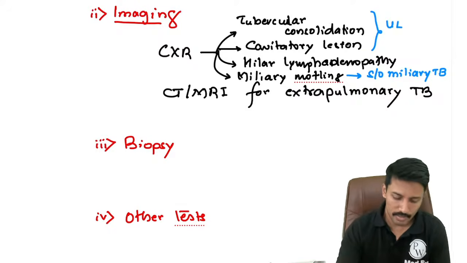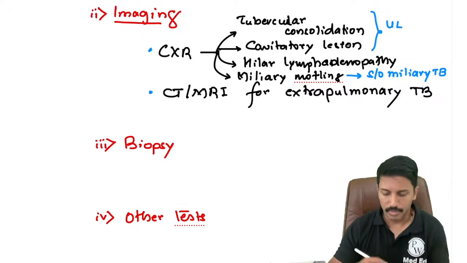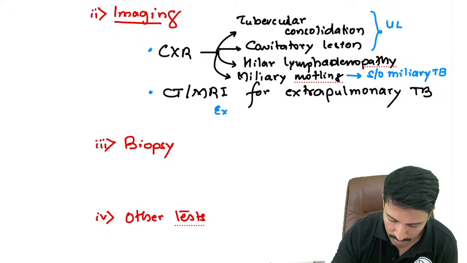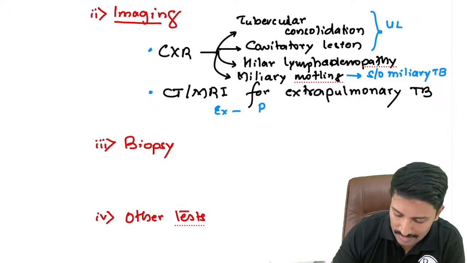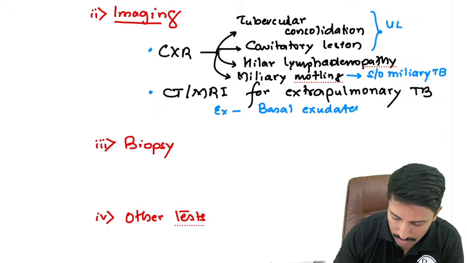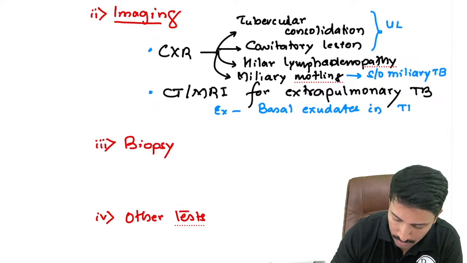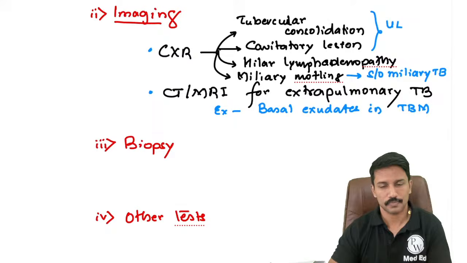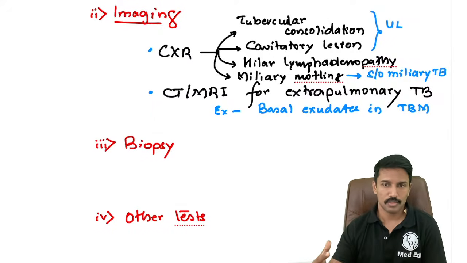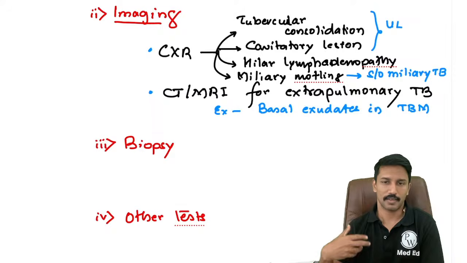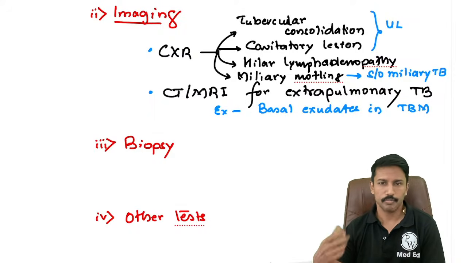CT or MRI is performed for the extrapulmonary TB. Just to give you an example, if I'm suspecting tubercular meningitis, what findings will I expect? I can get something called basal exudates in tubercular meningitis. Similarly, if I'm suspecting spinal tuberculosis, I can see a tubercular abscess affecting the spine, and then I will label it as Pott's spine.